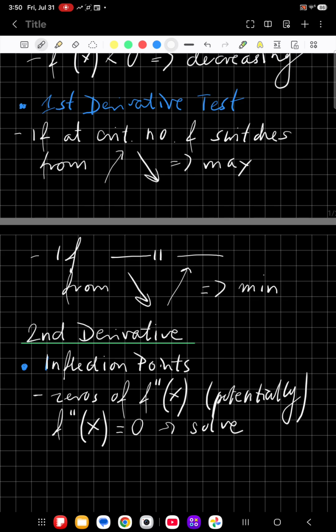That's one source. The second source is where that second derivative is undefined, similarly to the first derivative and critical numbers. So where f double prime of x is undefined.